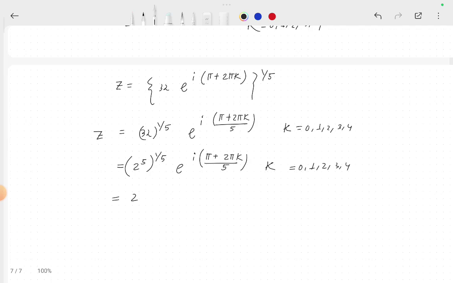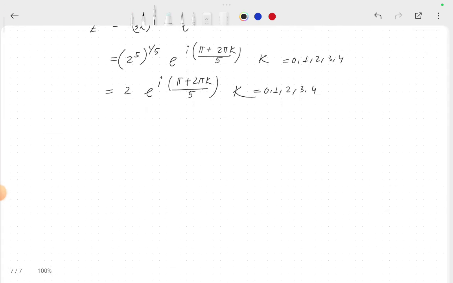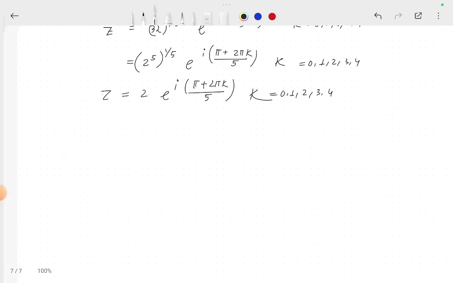Understood? So now find the roots of this complex number.